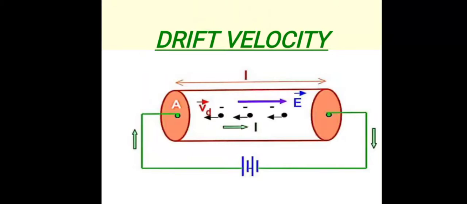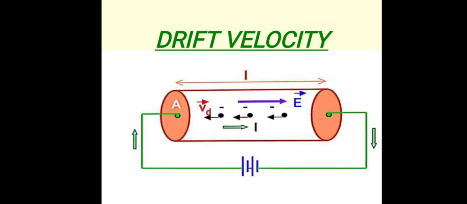Drift velocity, its definition is like this. The drift velocity is defined as the average velocity with which free electrons get drifted towards the positive end of the conductor under the influence of an external electric field.